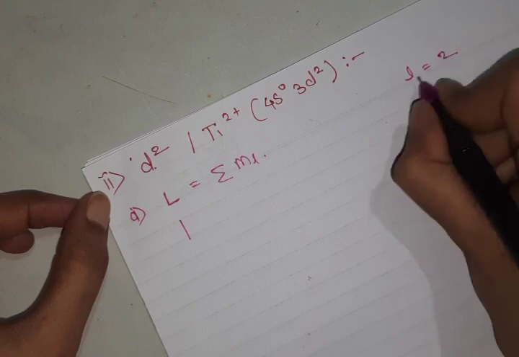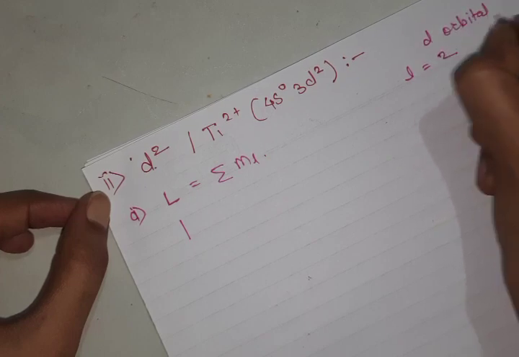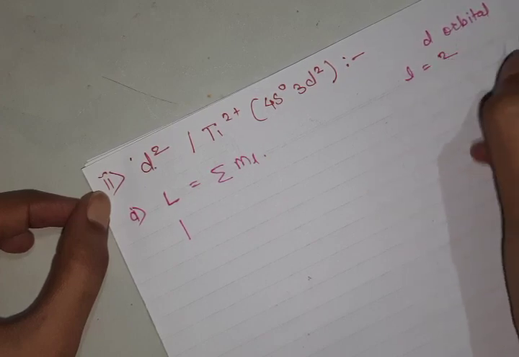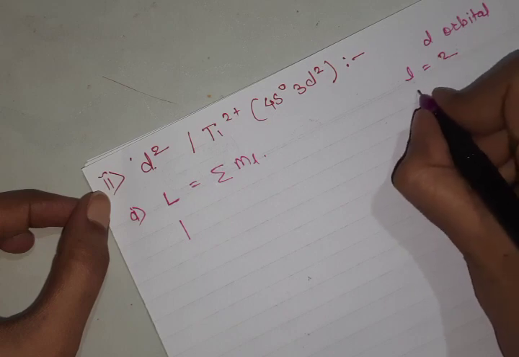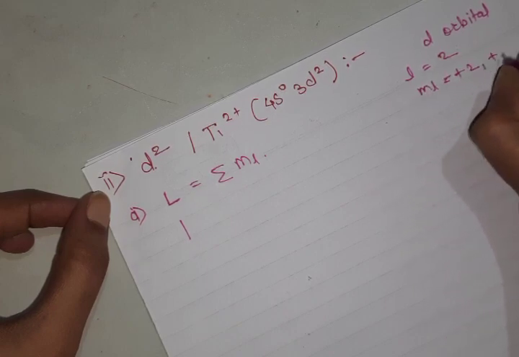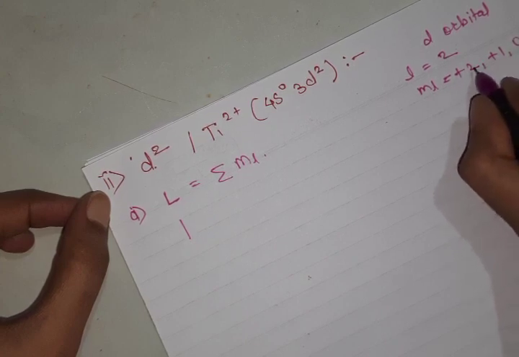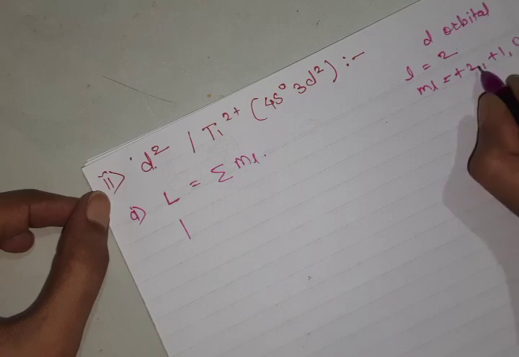So the ml value ranges from +2, +1, 0, -1, -2. In the d subshell there are 5 d orbitals: 1, 2, 3, 4, 5.